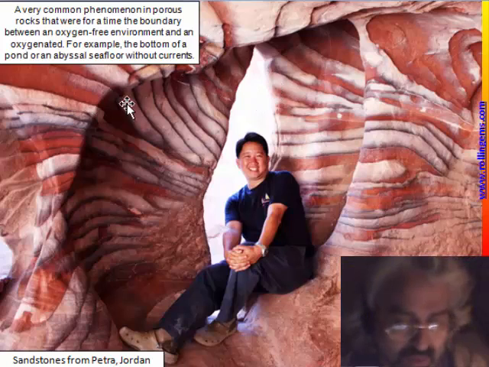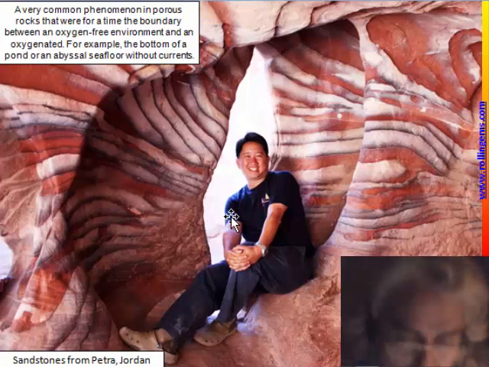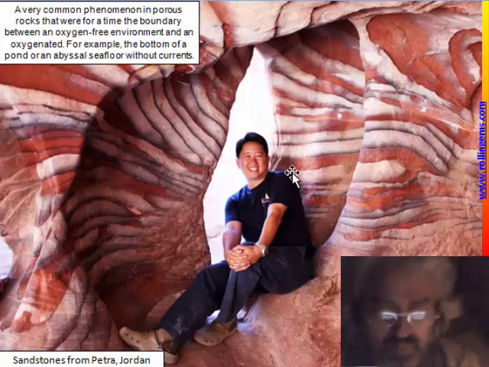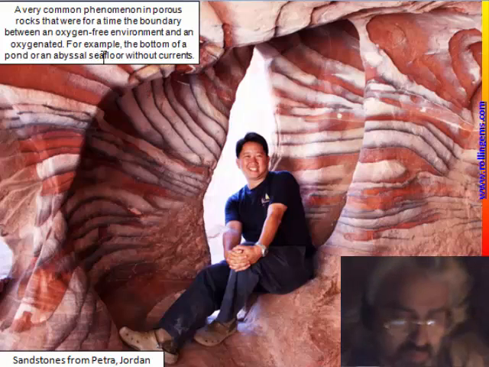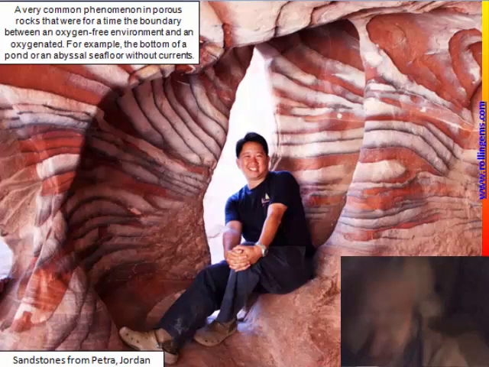This kind of situation is common in different geological environments. For example, in the bottom of a pond, when the pond is oxygen free, and each time there is a new arrival of oxygen, you have a line. The same can appear in a quiet sea bottom, with an oxygen situation.